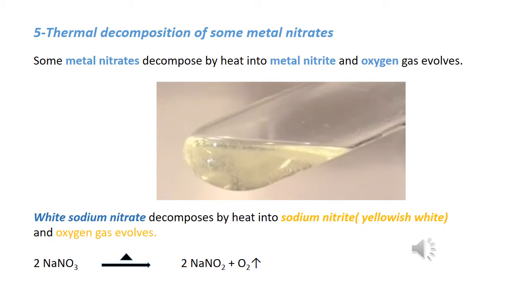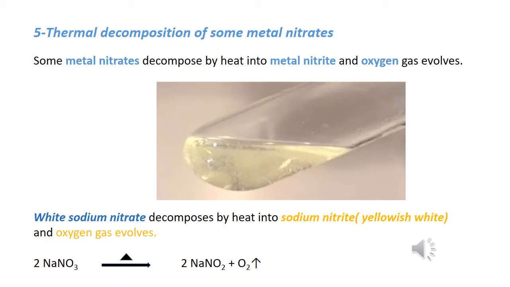Fifth, thermal decomposition of some metal nitrates. Metal nitrate decomposes by heat into metal nitrite and oxygen gas evolves, as in the decomposition of sodium nitrate. Sodium nitrate has a white color. It decomposes into sodium nitrite and oxygen gas.